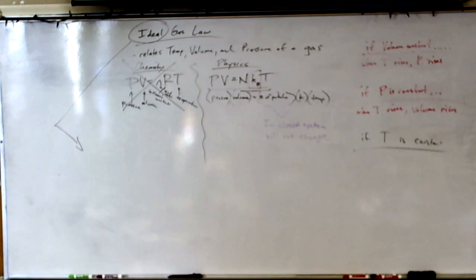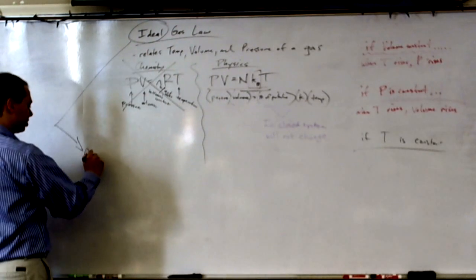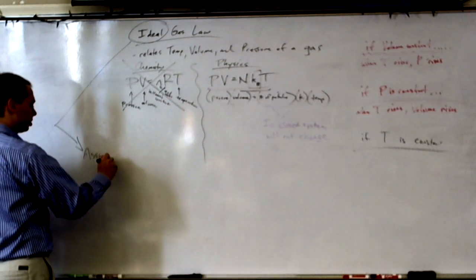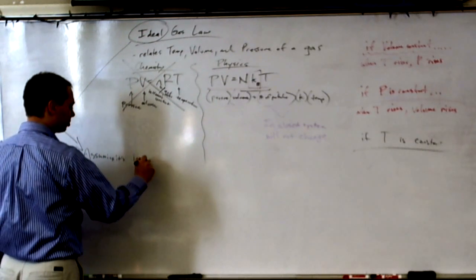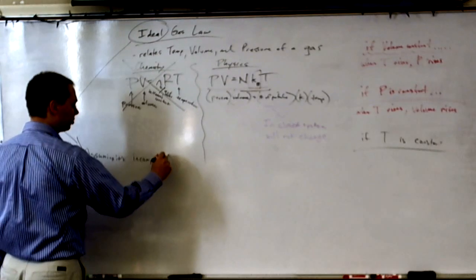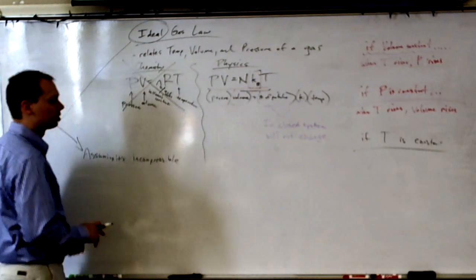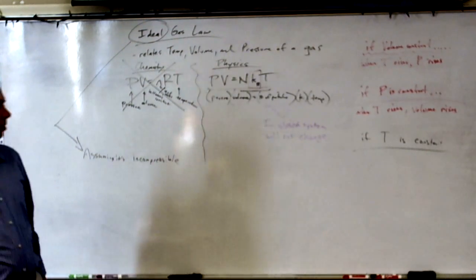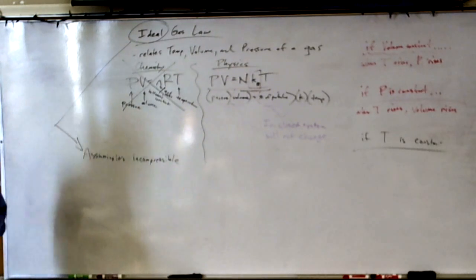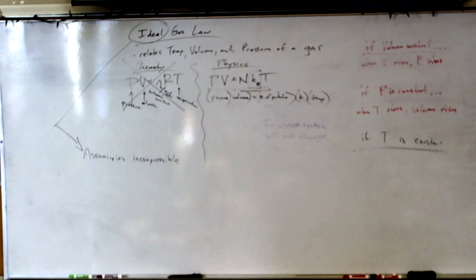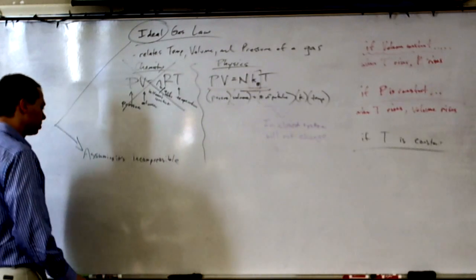Well, the ideal part is assuming it's non-compressible, or incompressible. Did we talk about if temperature's constant? We just did, yeah. What about it? If volume decreases, pressure increases, and vice versa. Boom.